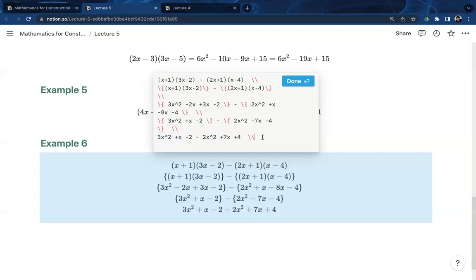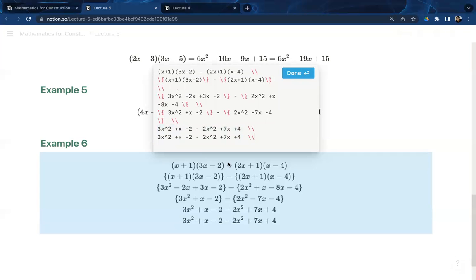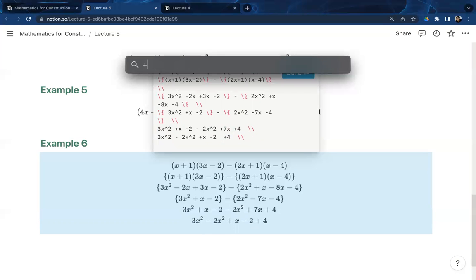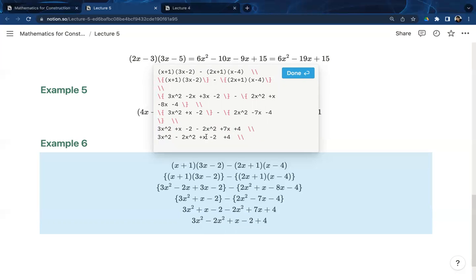And then you collect like terms together. So the 3 and the 2, 7 and the 8, and negative 2 and 4.